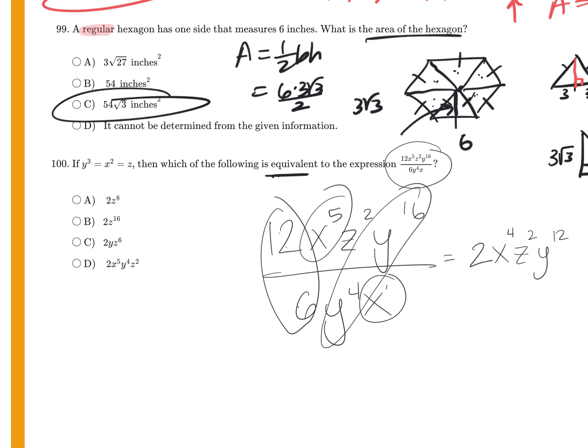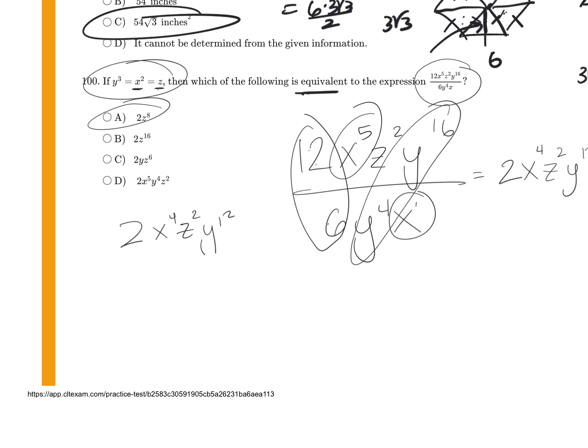Okay, so if we look at the answer choices, none of them look like that, but we can use the equation they gave us at the top to simplify it. So x squared equals z.